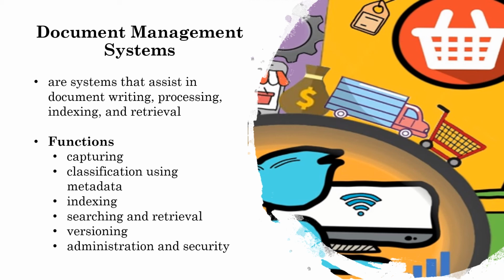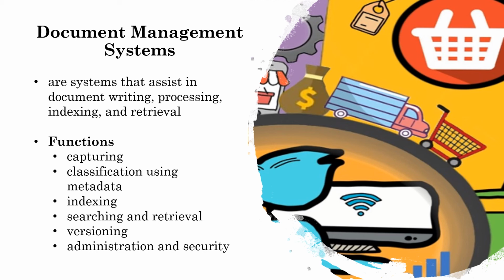Then we also have classification using metadata. Again, metadata is data about data, or descriptions about the data. It is used to identify the document so that it can be retrieved later. It can include keywords. The user is often asked to input the metadata, or the system may extract it from the document.